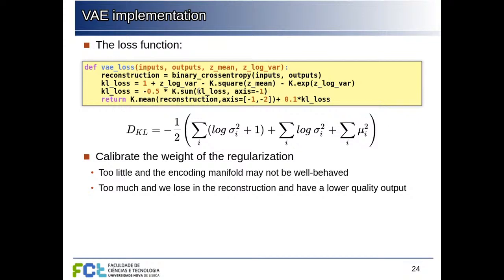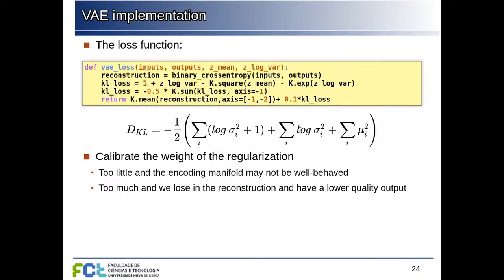So this would be the regularization term here that helps us get a smoother manifold and make it easy to sample new examples. So we're going to basically write this expression. These are the logarithm of the variance of our distributions, so we get the expressions here using the logarithm of the variance.